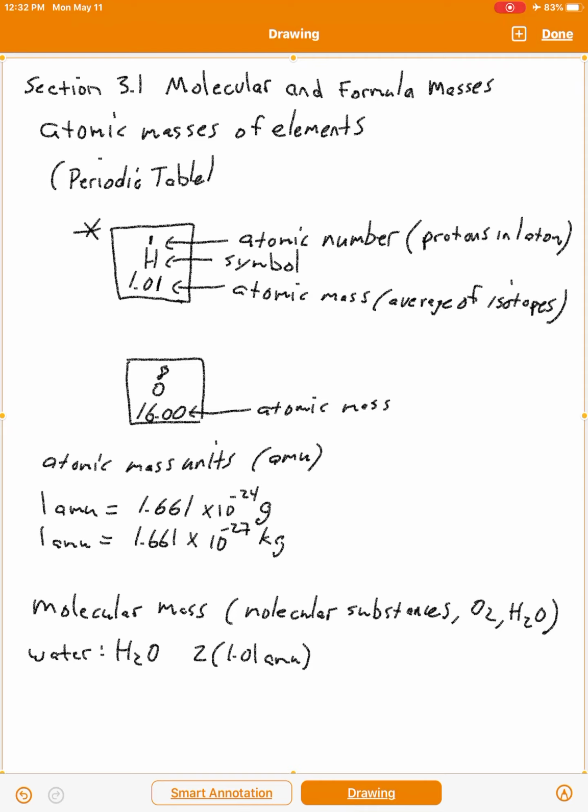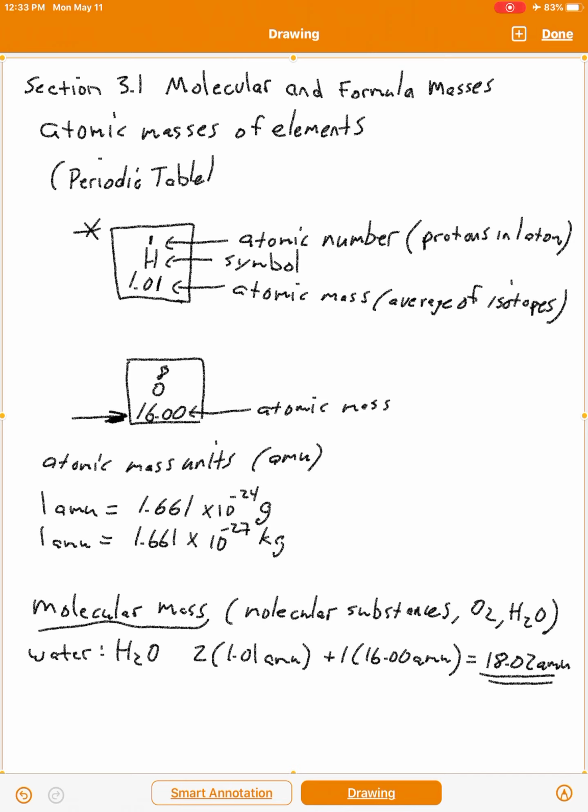Remember, with chemical formulas, if there's no subscript, that means it's a 1. So there's 1 oxygen. Where did I get the 16.00? Right here, that's the atomic mass of 1 oxygen atom. Add those together, you get 18.02. And that would be called the molecular mass of water. It's essentially how much one water molecule weighs.